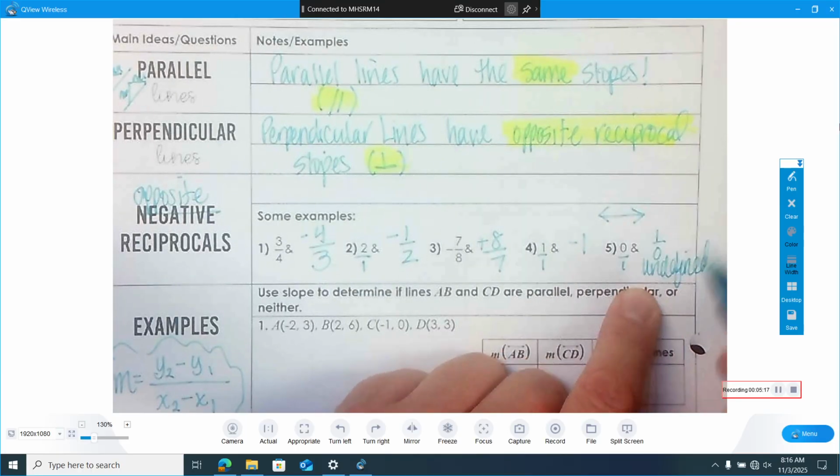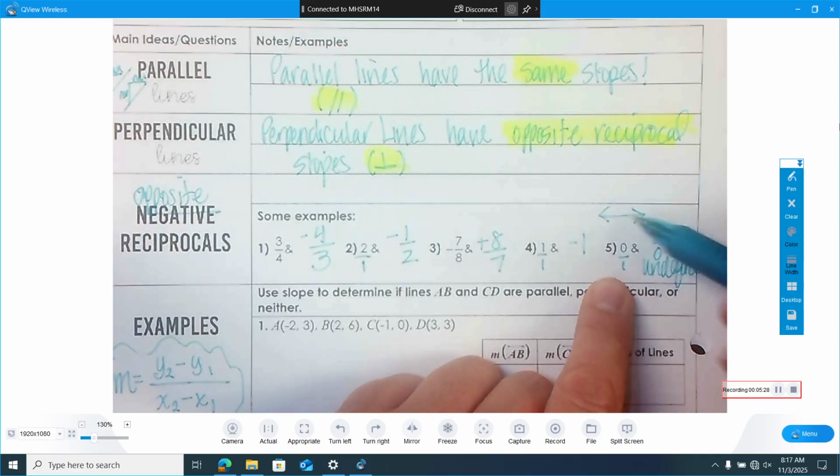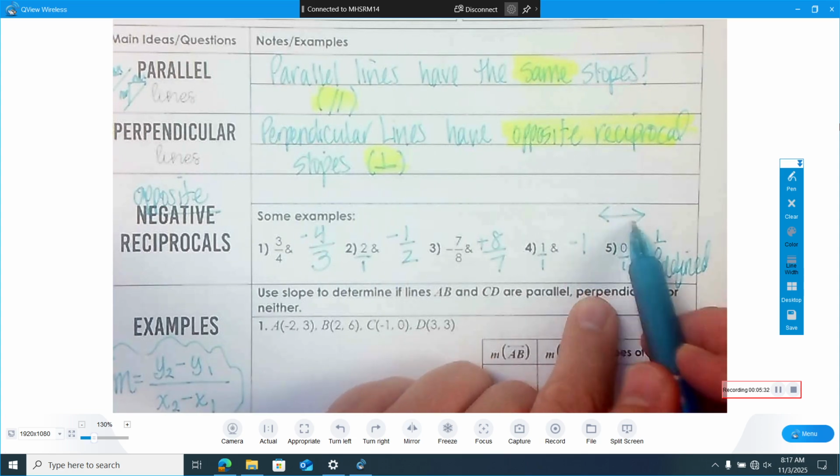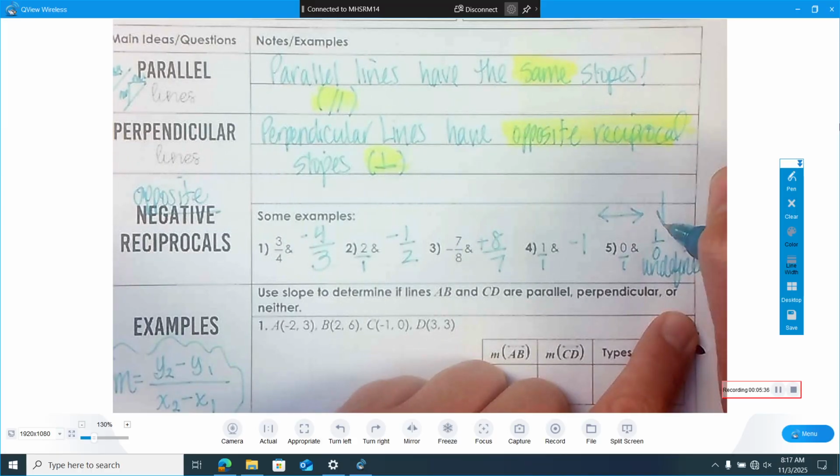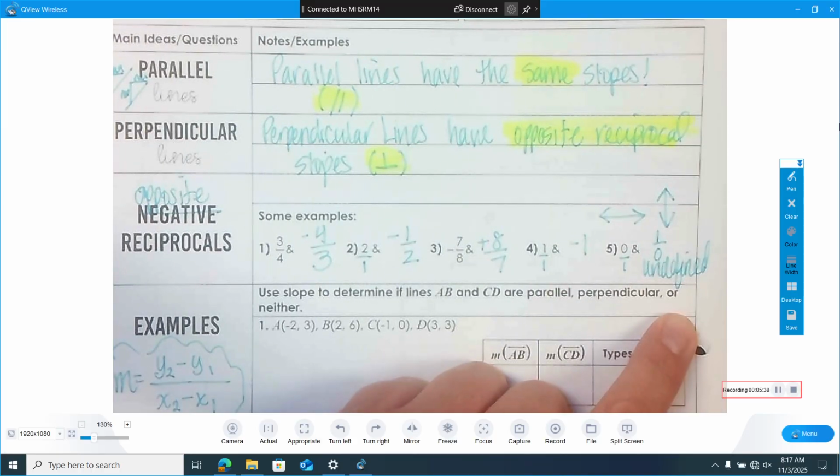When the 0 is under, it's undefined. Also can't put a negative there. There is no opposite of 0, so that doesn't make any sense. But here we have a 0 slope. That's a horizontal line. So what would be perpendicular to a horizontal line? A vertical line, yeah, perpendicular. So one is horizontal, one is vertical.